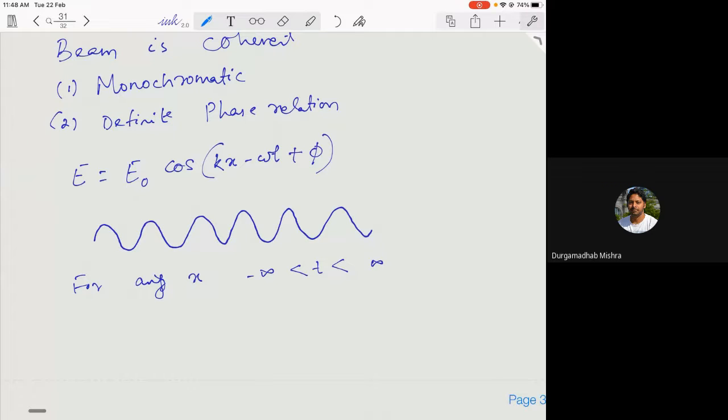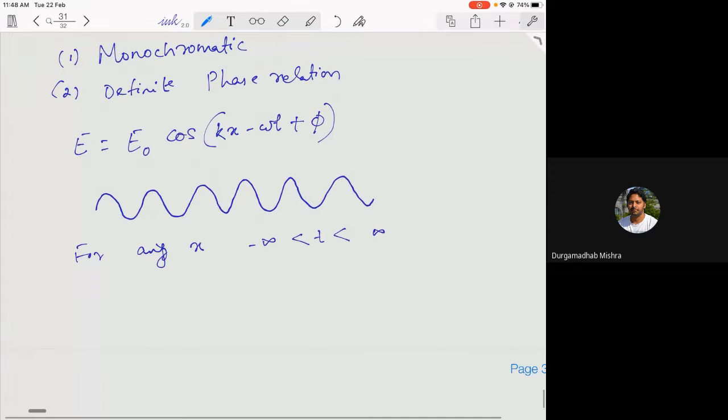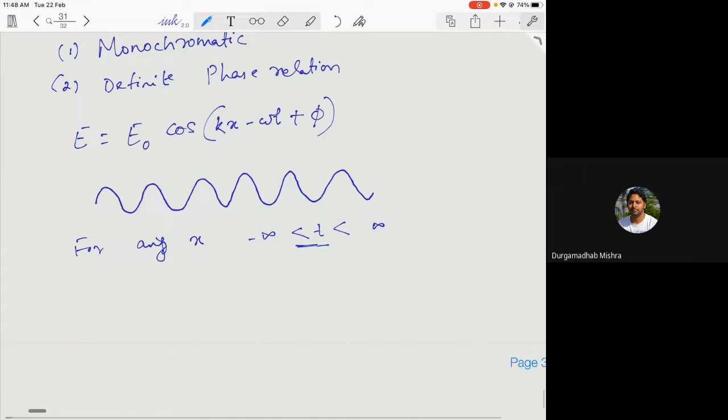It's more or less a random process, and therefore you may not get a perfect or ideal monochromatic wave which satisfies this condition for all durations of time. So what actually happens? The wave train that comes from this de-excitation process may not always obey this cosine function. So there can be some discrepancies.